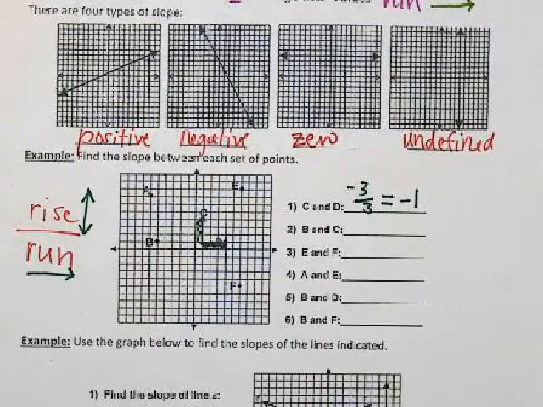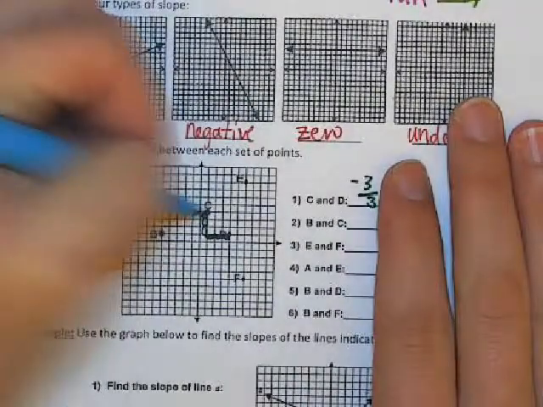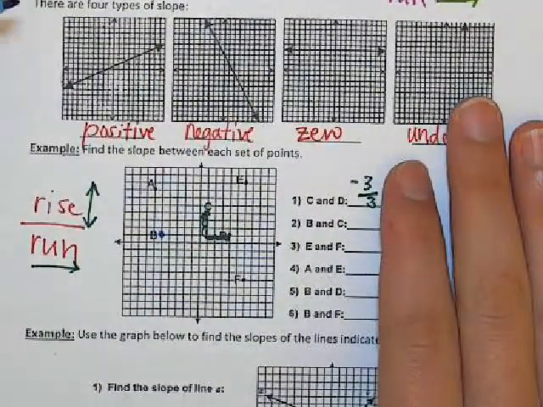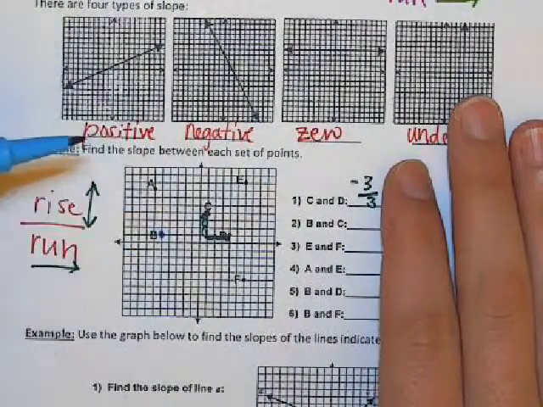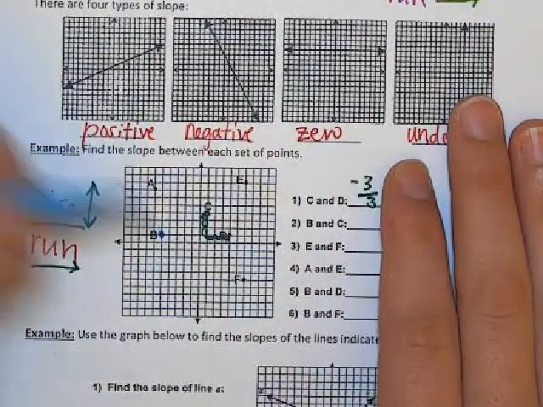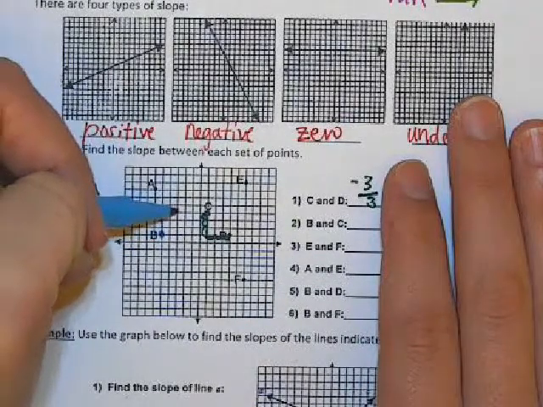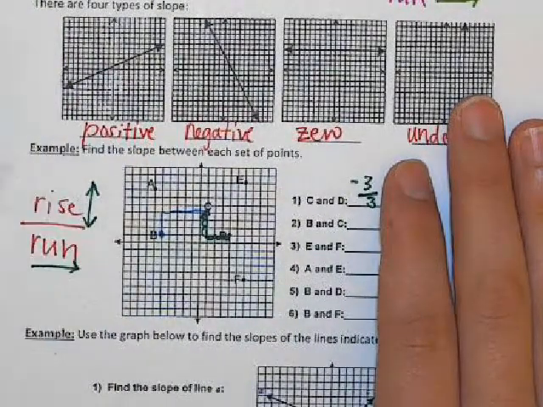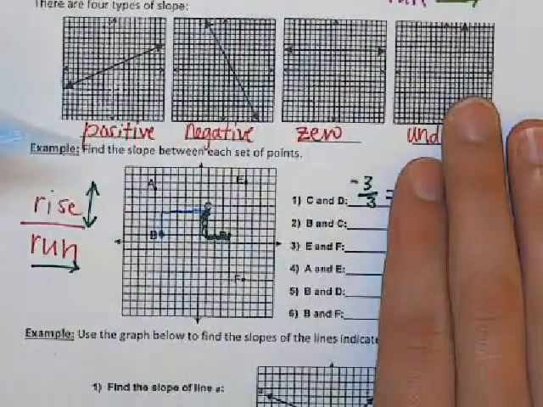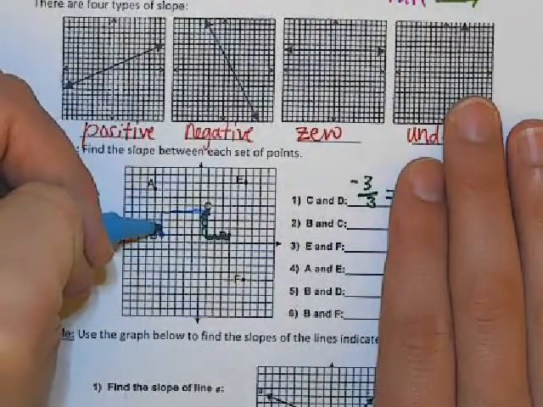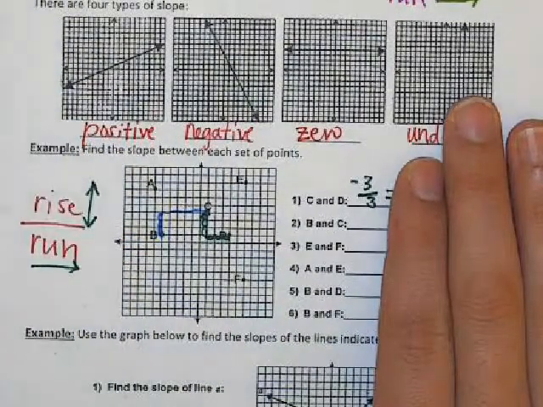Now I want B and C. I can start at either dot, it doesn't matter. Which one do I need to start at? B, because I could run to the right if I start at B. Remember, we go up and down first. Rise first. So I'm going to rise 1, 2, 3. I went up 3.